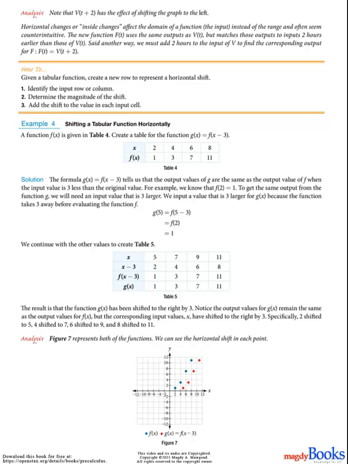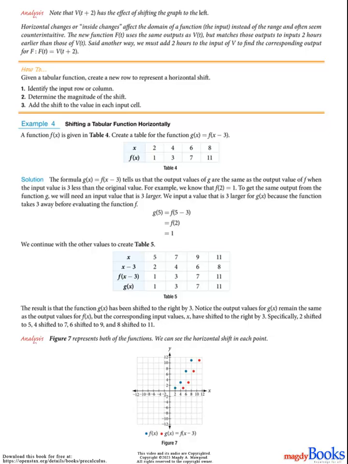The result is that the function g(x) has been shifted to the right by 3. Notice the output values for g(x) remain the same as the output values for f(x), but the corresponding input values, x, have shifted to the right by 3. Specifically, 2 shifted to 5, 4 shifted to 7, 6 shifted to 9, and 8 shifted to 11.